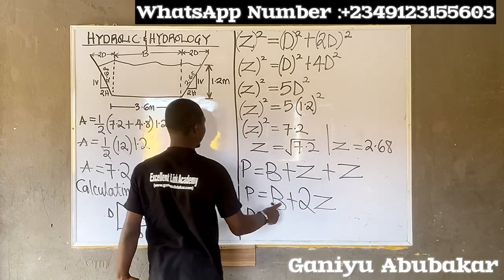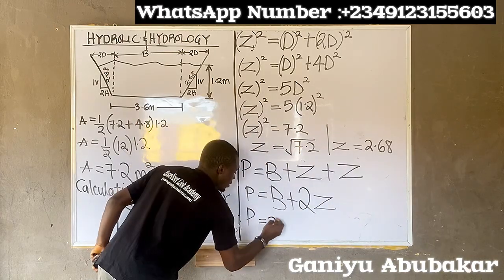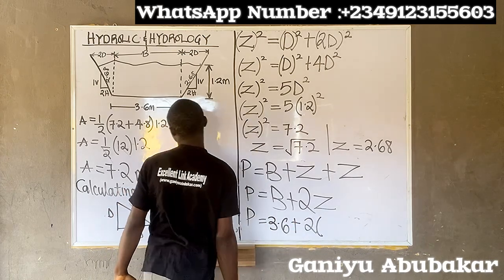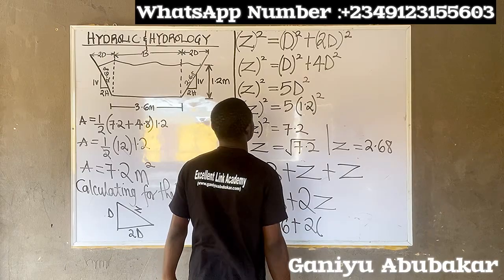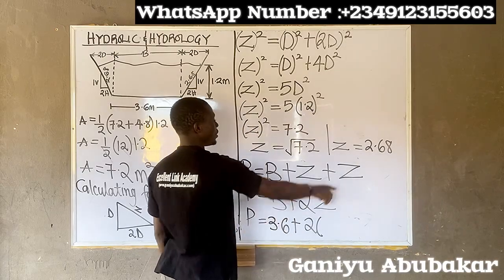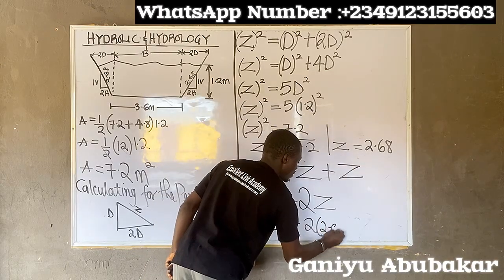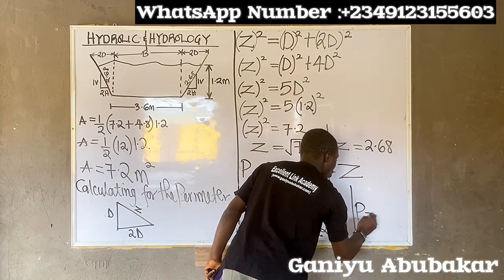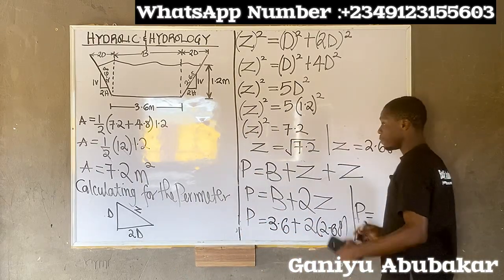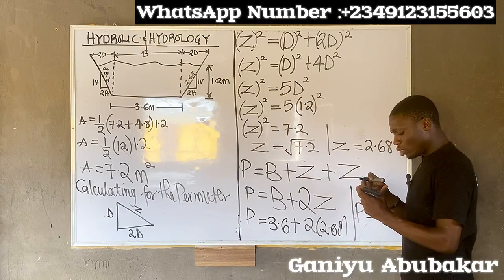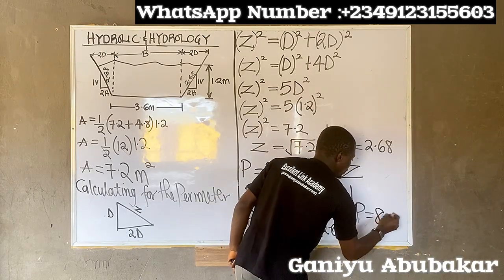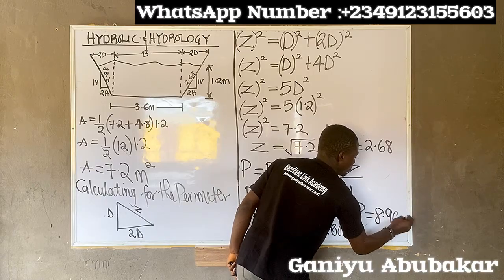Perimeter is equal to breadth, which is 3.6, plus 2 into Z. Of course, Z is 2.68. So in essence, if I work on this all together, P should be equal to 8.96, of course in meters.